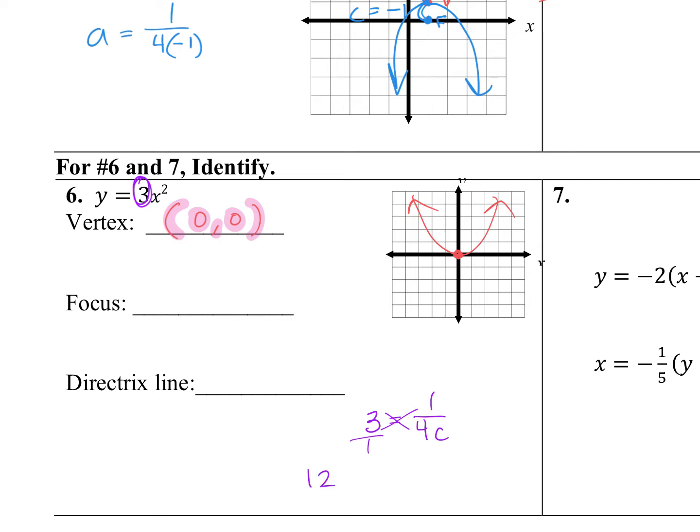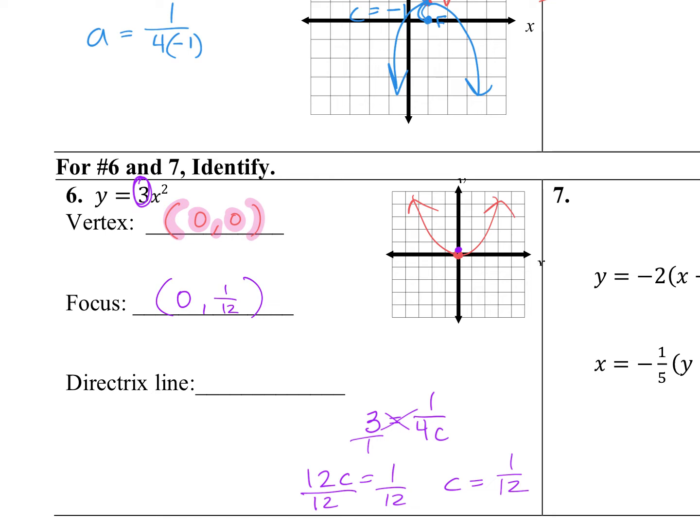So you get 12C equals 1 and then divide by 12. So your C value is 1/12. Where's your focus? 0, 1/12. Yep. So if it's a C value of 1/12, we're moving up 1/12, which is hard to graph because it's very close to our 0, 0. So that would be our focus.